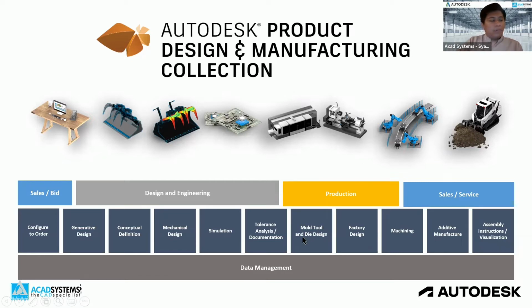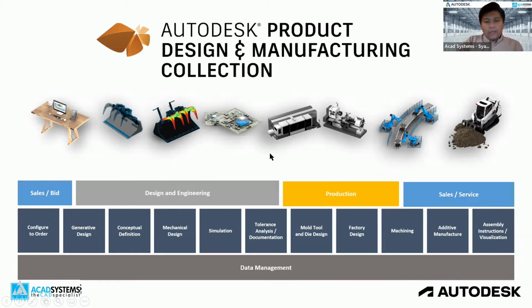For this overview, using this bundle you can cover everything from sales to service. From the sales and bid process, you can make conceptual models very fast, and then make the detailed design and documentation in the design and engineering stage.